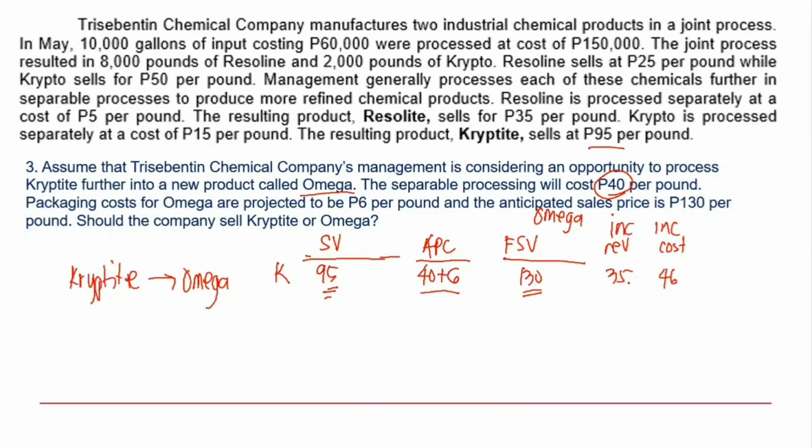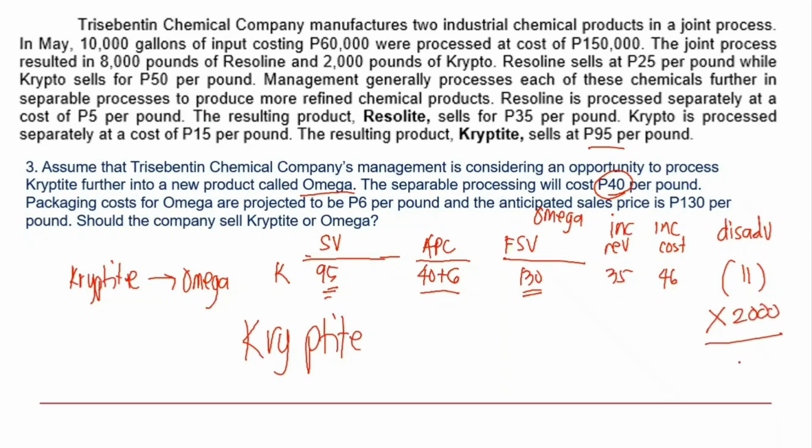It seems obvious what we should produce and sell, because we have a disadvantage of 11. The incremental cost is greater than the added revenue. Therefore, process Cryptite. What is the net advantage? Multiply by 2,000 pounds of Cryptite, times 11, 22,000. So there is a net advantage of 22,000 if we process Cryptite instead of Omega.